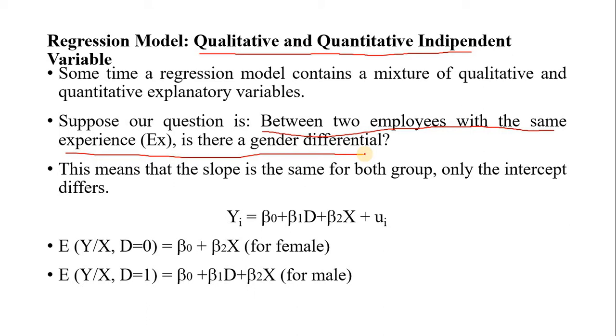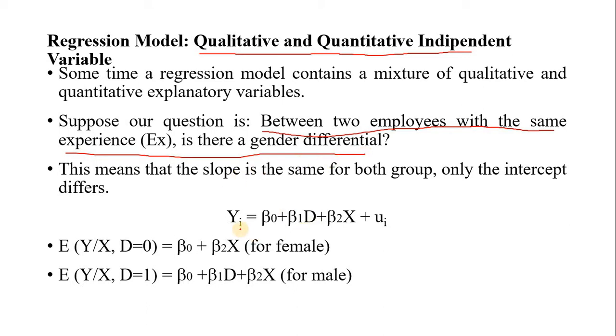If we want to see such a result, I have to use a model called the ANCOVA model, analysis of covariance model. An ANCOVA model is a regression model in which there are qualitative as well as quantitative explanatory variables.